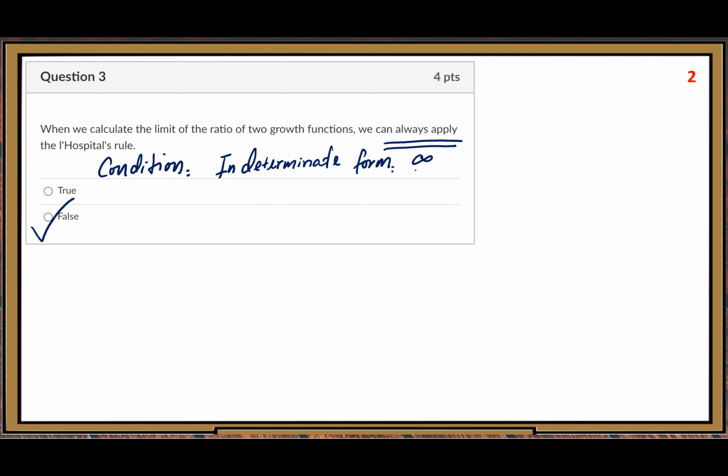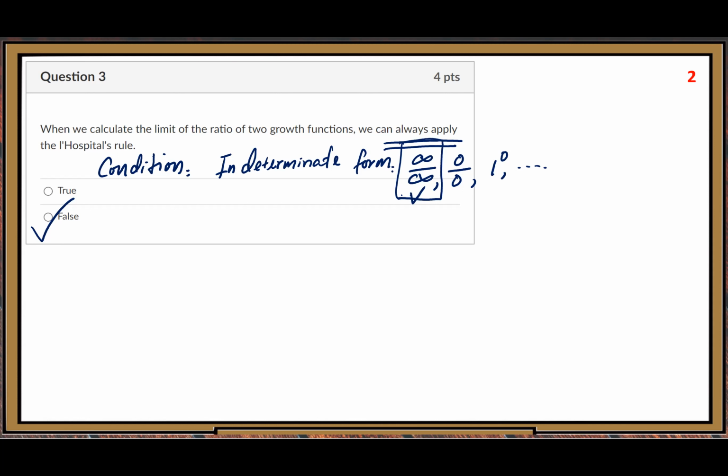So usually infinity over infinity, 0 over 0, in calculus, if you recall, 1 to the infinity, and probably a few more. But for our class, we consider the first one.